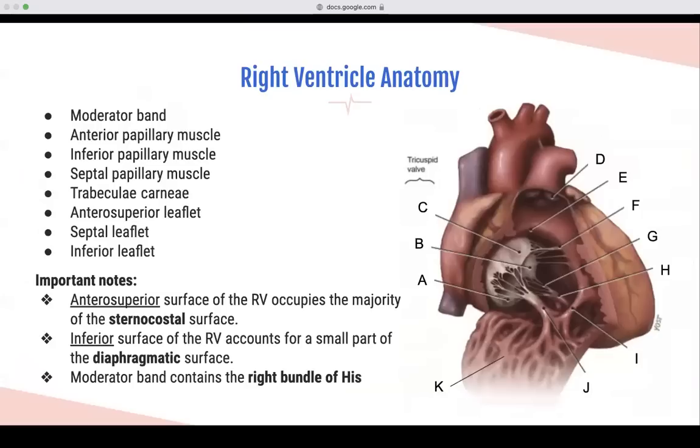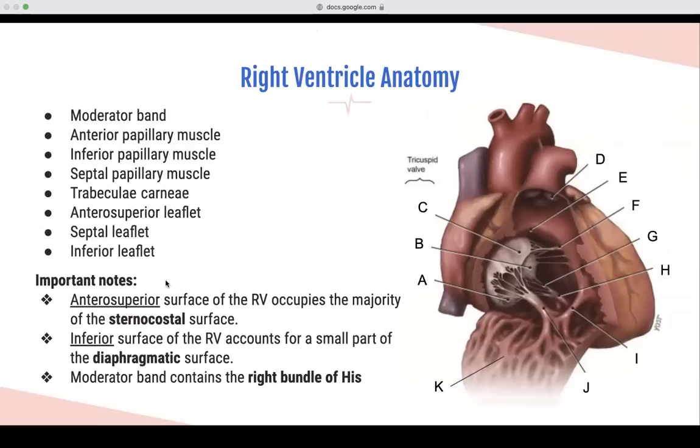Now the right ventricle anatomy. The special thing about the right ventricle is that it has 3 papillary muscles, not just 2. So can anyone locate the moderator band? I. I, yes, exactly. What's the significance of the moderator band? Does anyone know?